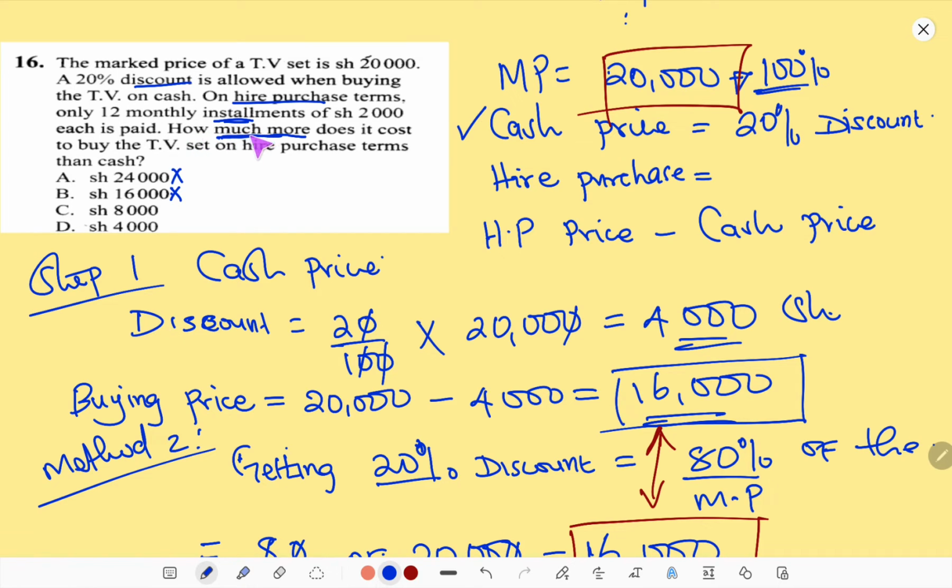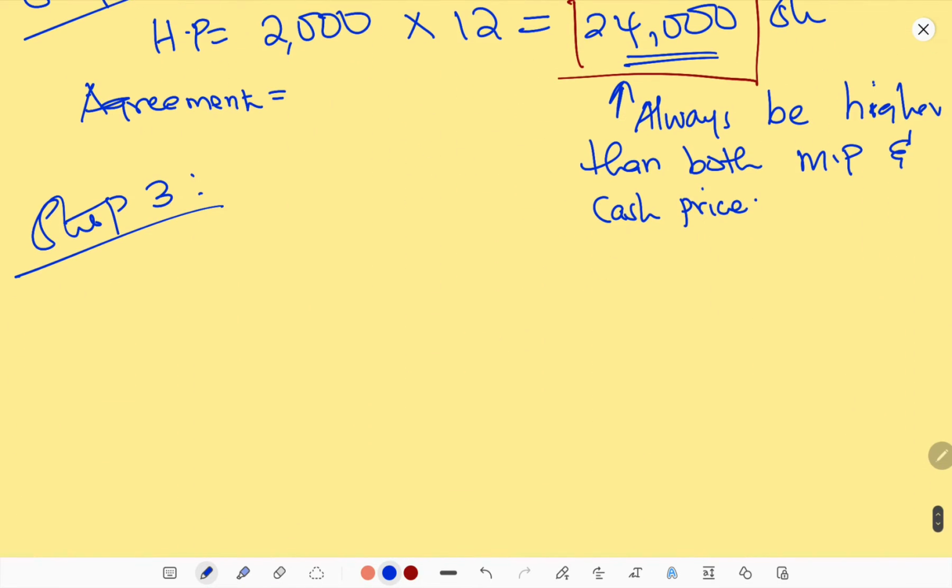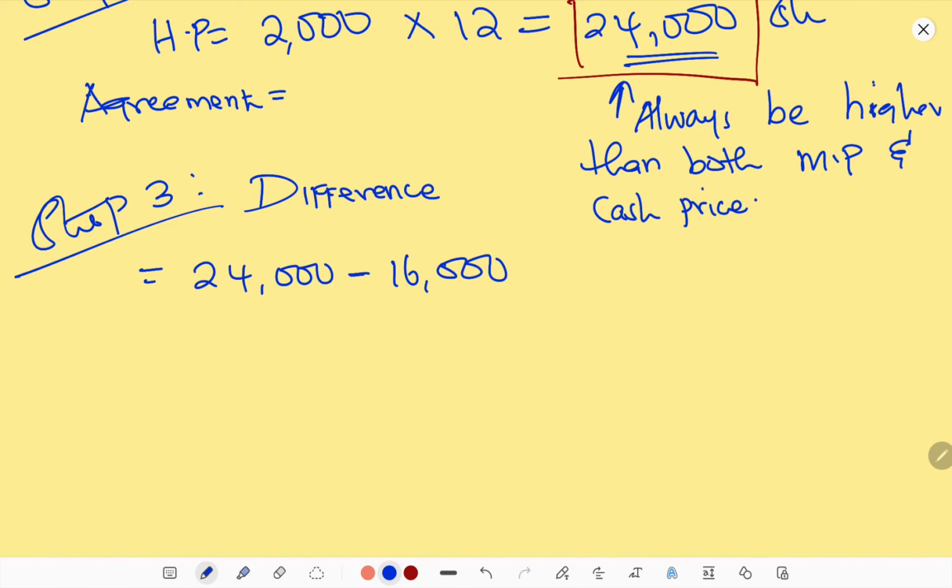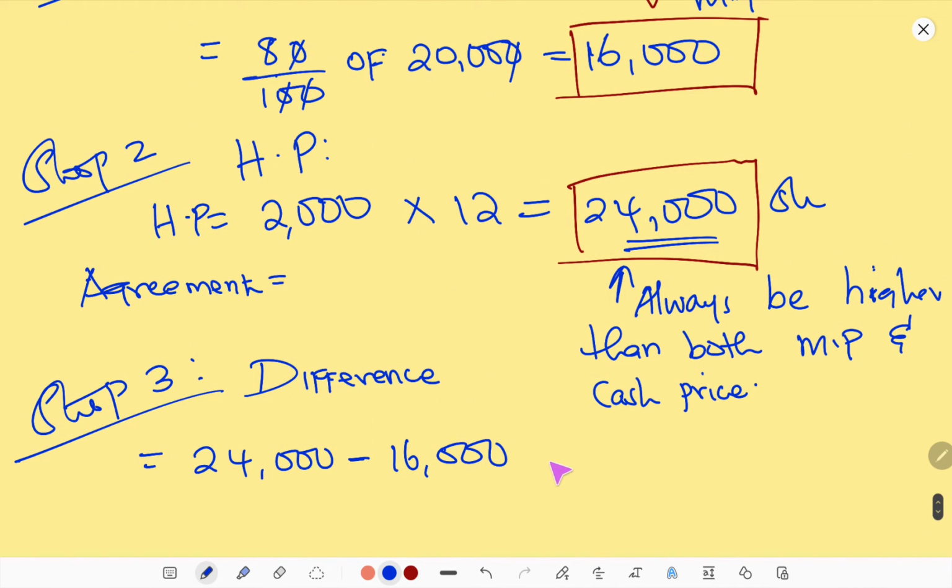The question is, how much more does it cost to buy the TV set on hire purchase terms than cash? So we want to find the difference between hire purchase and cash. That will be 24,000, which is the hire purchase, minus 16,000.